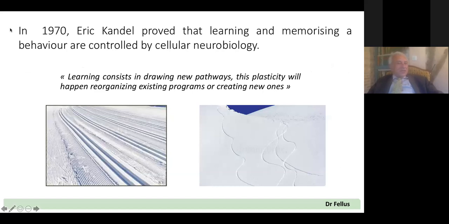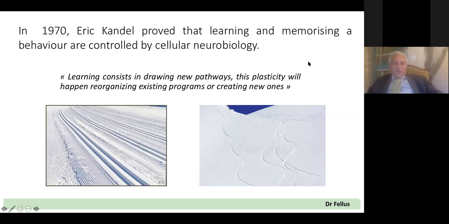In 1970, Eric Kandel proved that memorization of a behavior is controlled by cellular neurobiology. So he writes, learning consists in drawing a new pathway, and this plasticity will happen by reorganizing existing programs or by creating new ones.